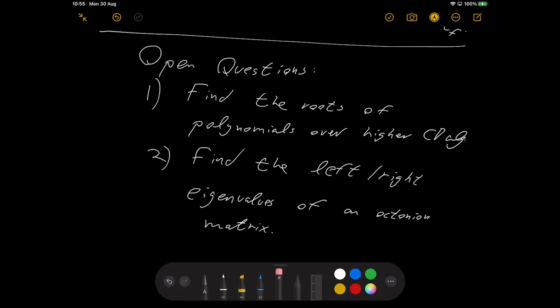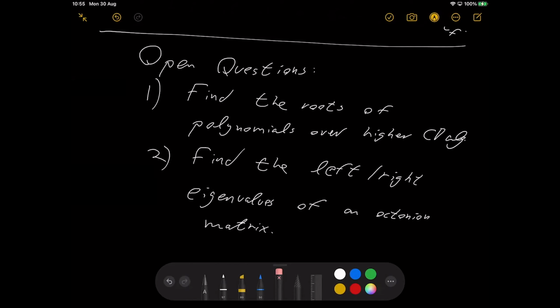And another question is, since we have a relation with eigenvalues via companion matrices, we could look for stability theory. We have different notions of stability for polynomials and for matrices, like there are no eigenvalues in the left half plane, and we could have similar analogs for Octonions.